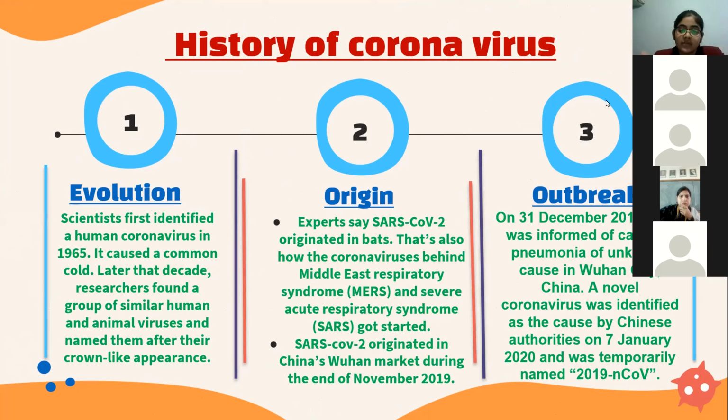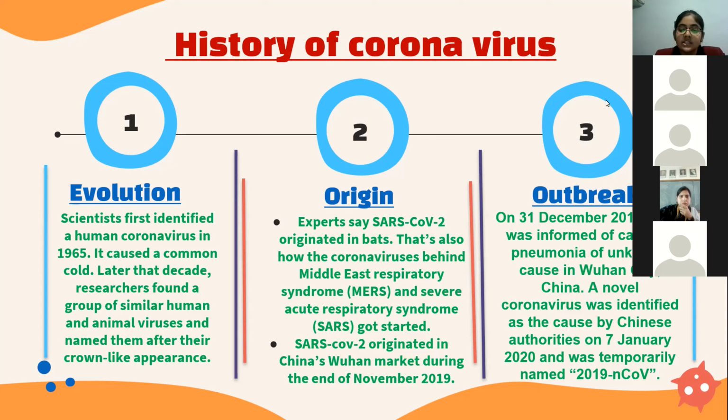The origin, which is the second part, says that experts say SARS-CoV-2 originated first in bats. That's also how the coronaviruses behind Middle East Respiratory Syndrome, MERS, and Severe Acute Respiratory Syndrome, SARS, got started.